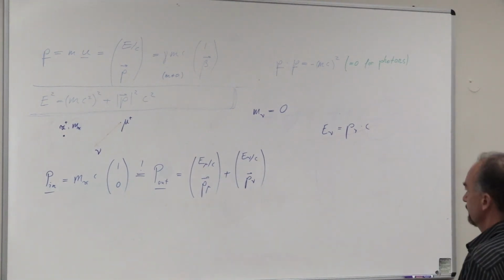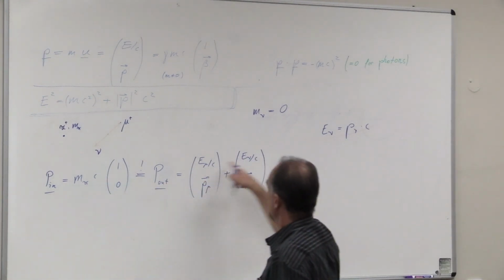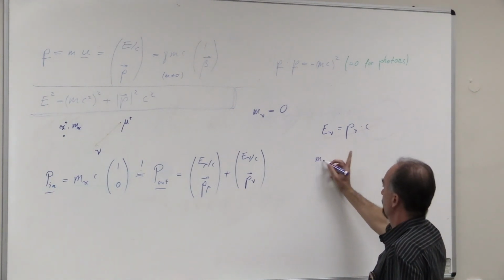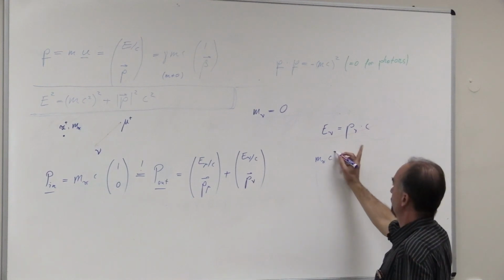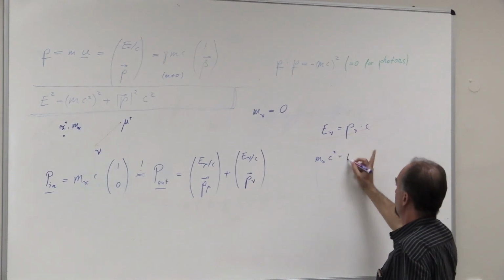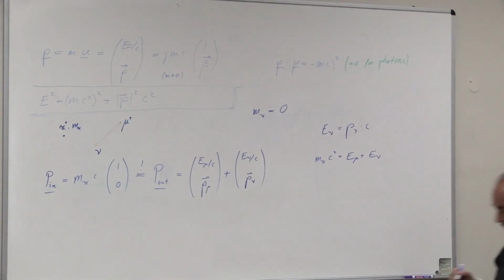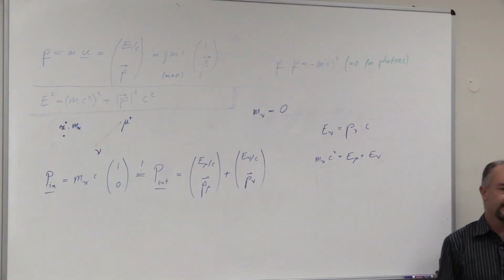Okay. So the first thing we can see from the energy equation, if we multiply by c everywhere, is that m pion c squared equals E muon plus E neutrino. So the rest mass energy of the pion is converted to the energies of the muon and the neutrino.